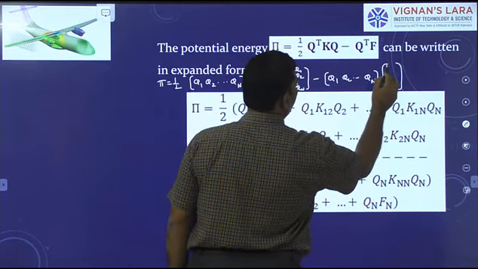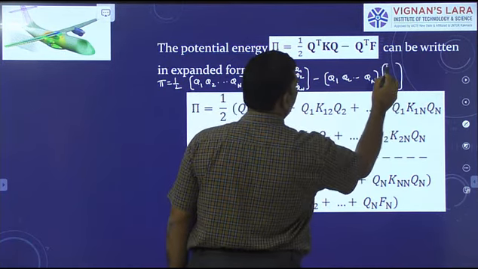Now, what we have to do? We have to multiply these three matrices. So, pi equals 1 by 2 into Q1, Q2, Q3 and so on, up to Qn.